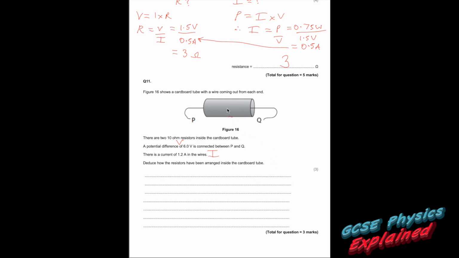Right, well, they've either been arranged in series or they've been arranged in parallel. So first of all, let's work out what the resistance is, and then we'll be able to tell whether they've been connected in series or parallel. So Ohm's law, and then rearrange that to find resistance.